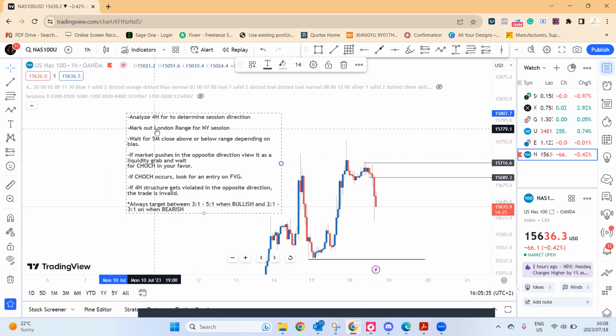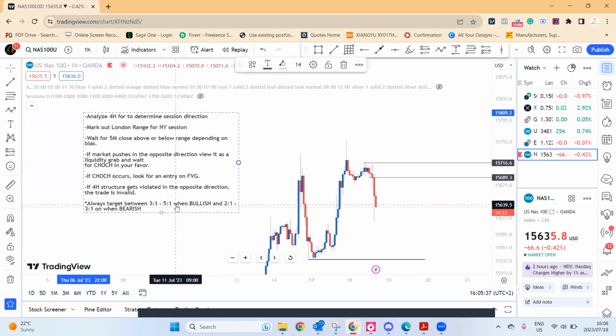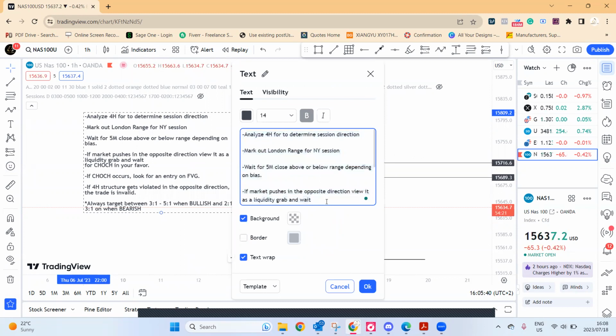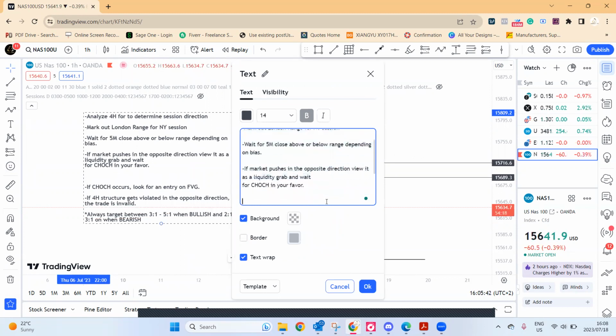Now, this is probably going to be the most important risk management step, and I haven't even put it in here.